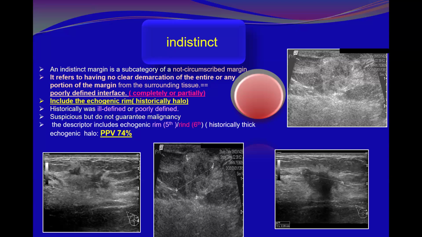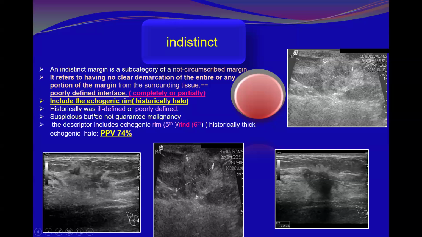So if this is either completely or partially not demarcated or not distinct sharply from the adjacent tissue, then the descriptor for the margins will be indistinct. And these include the echogenic rim, historically called halo.